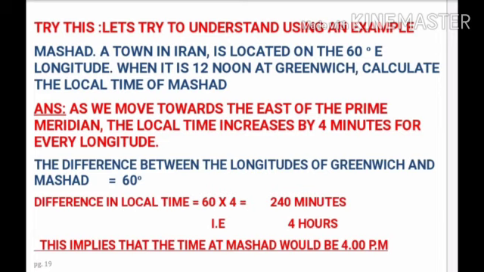So when it is 12 at Greenwich, it will be 4 o'clock in the afternoon at Mashhad. Could you get it, children? We have to find the difference in longitude and then multiply by 4, and that many minutes we will add to the original time which was given to us.